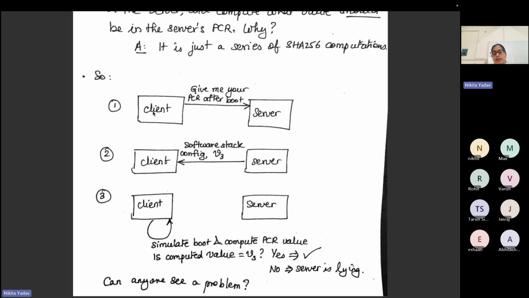But if you ask as a client what software stack it is running, it can still use the same value v3, even though it can be running a different software stack.